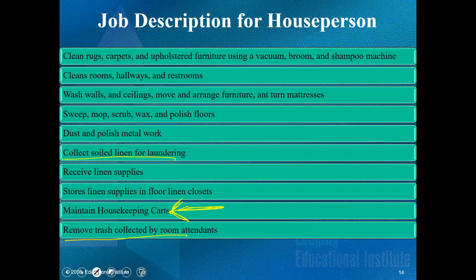And so there was actually a little piece of paper that said 15 kings, 22 doubles. And so they knew exactly how much linen. Maybe they didn't have linen rooms on each floor. A lot of hotels will have that, so they can just go in and get the linen. But when we talk about inventory in a later chapter, you'll understand why we want to control that inventory, because otherwise it can walk away.